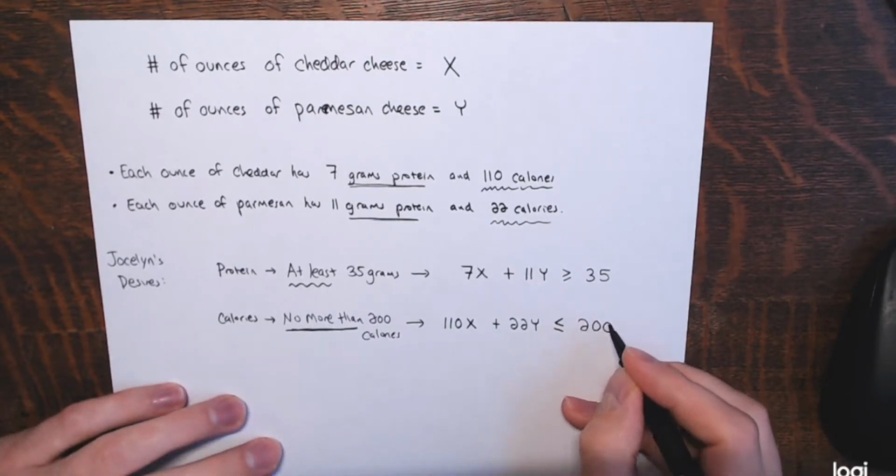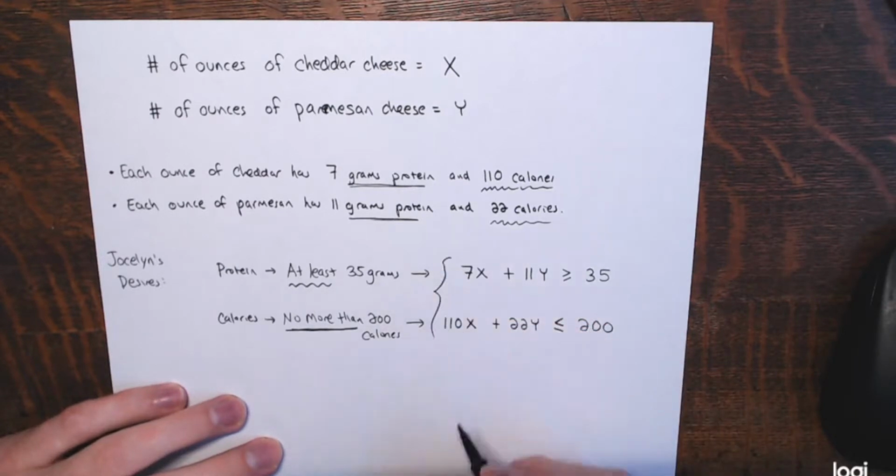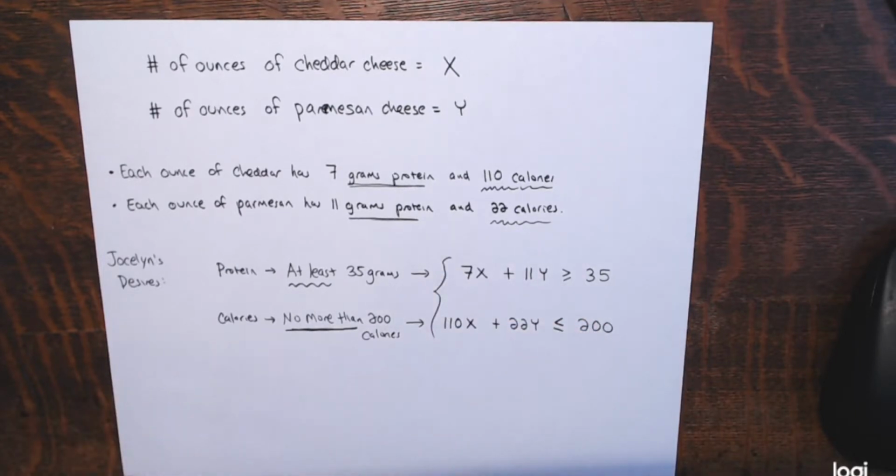All right, and what we have here is a system of linear inequalities. And what I'm going to do is show you a graph of that system. Now remember how to graph linear inequalities here.